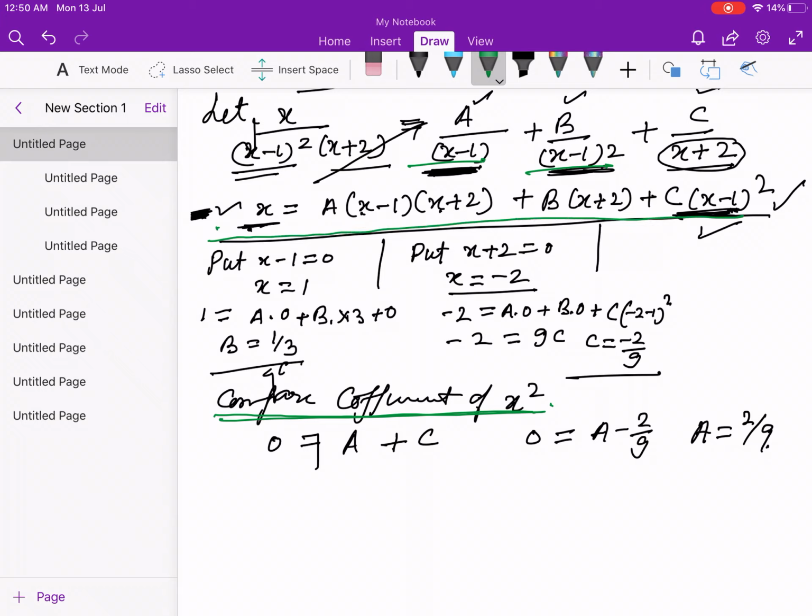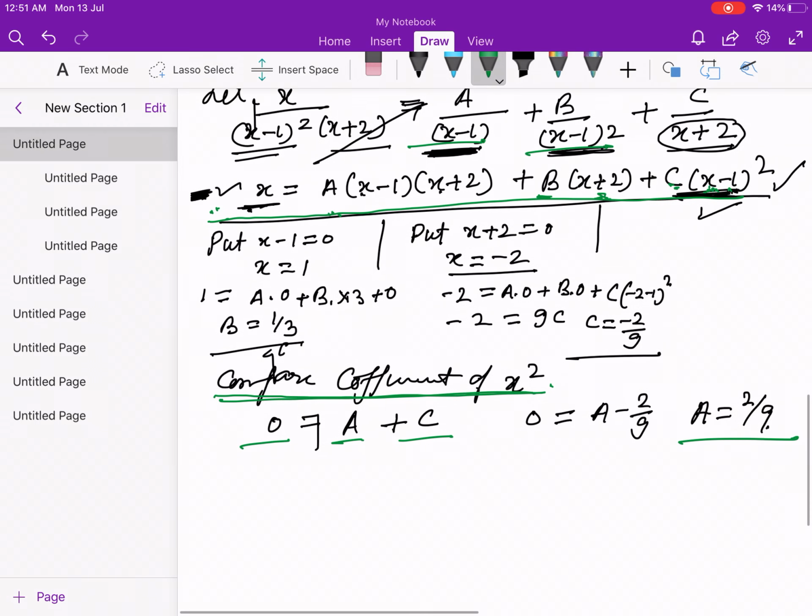Here the coefficient of x square is not on the left side; on the right side we got the coefficient of x square is a. b is not multiplied by any x square. c of course is multiplied by x square, it is x square into c. So we got 0 equals a plus c. Now you got the values of all a, b, c.